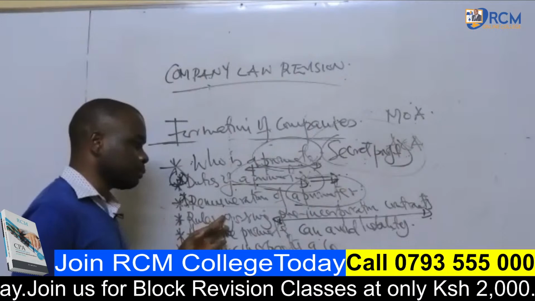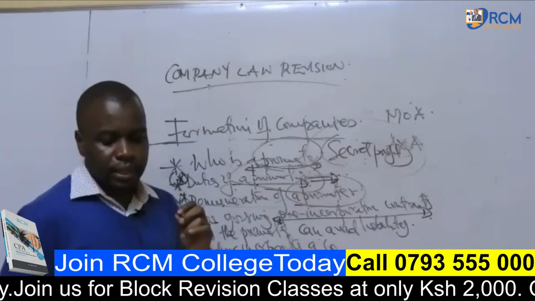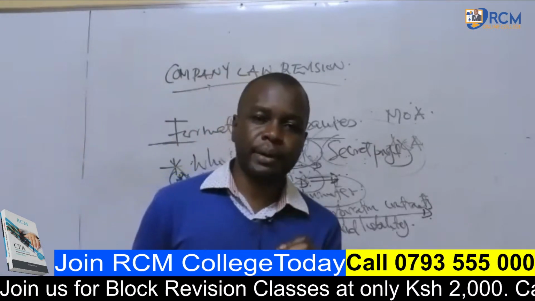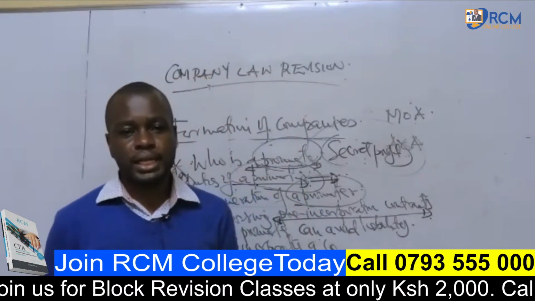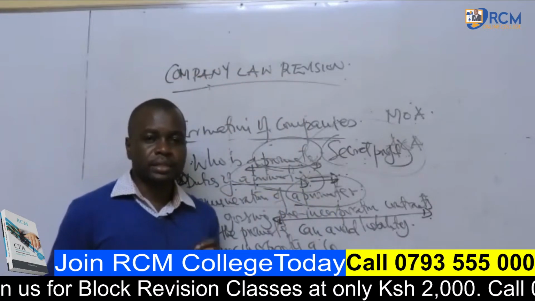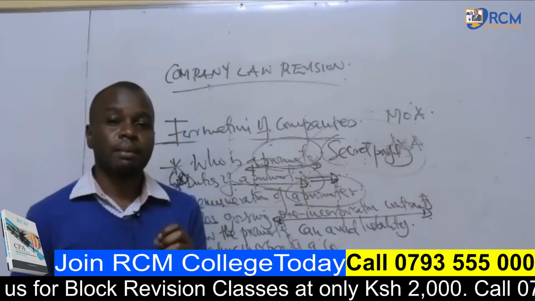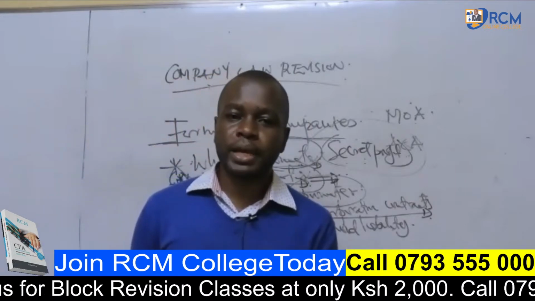Point number 2, if this contract that was entered into before the company was incorporated is renegotiated under different terms, this contract now becomes valid because it is like forming a new contract.